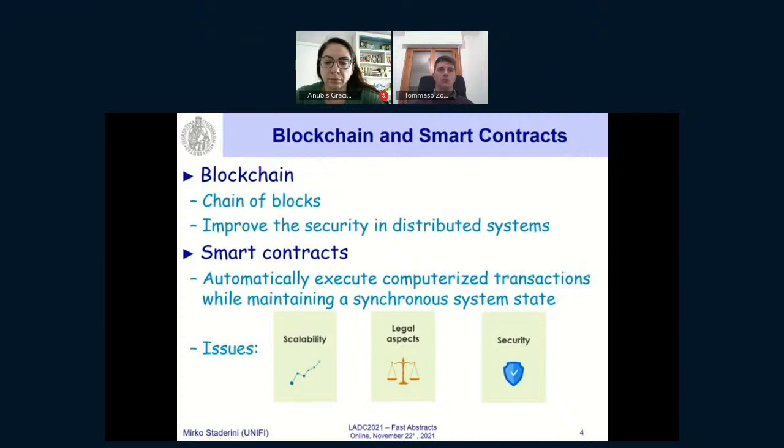I would draw your attention to background and motivations. Blockchains are literally chains of blocks. You can store everything in each block, theoretically. It is used to improve security in distributed systems. Smart contracts automatically execute computerized transactions while maintaining a synchronous system state. There are main issues: scalability, legal aspects, and security.